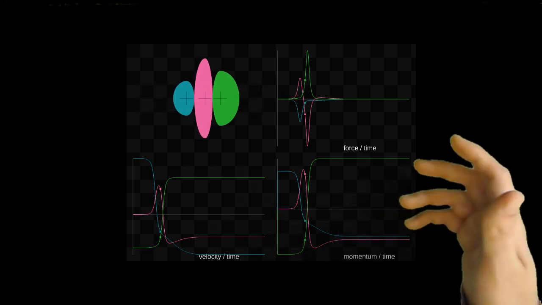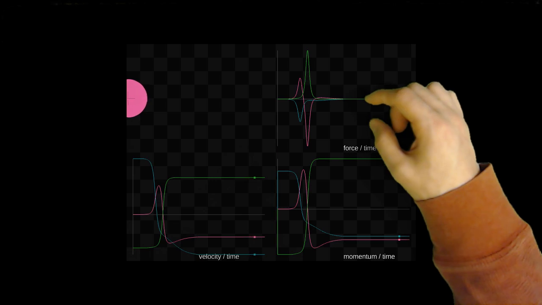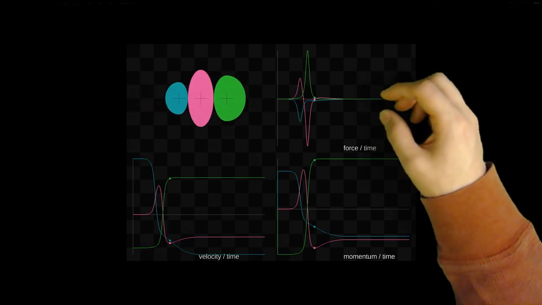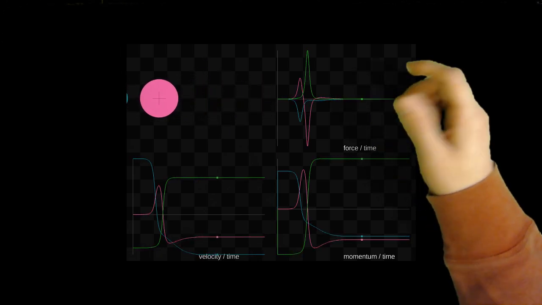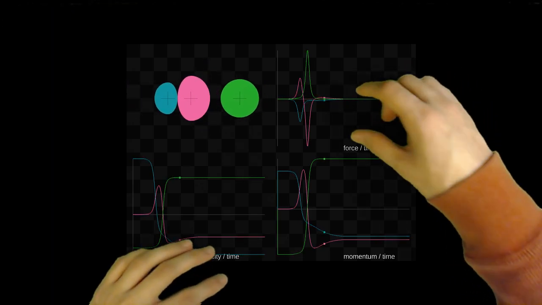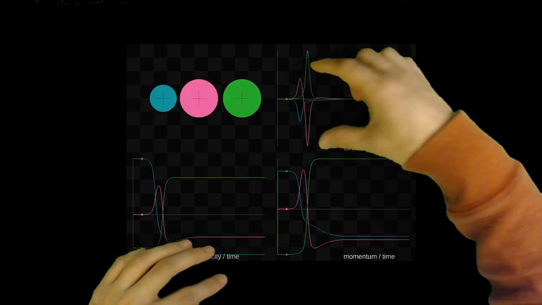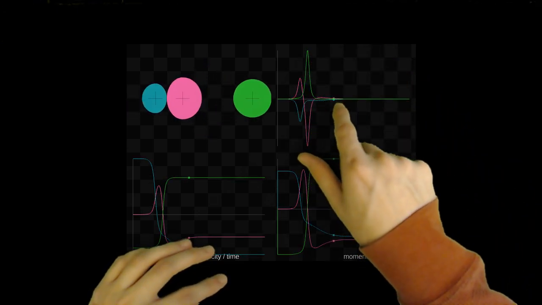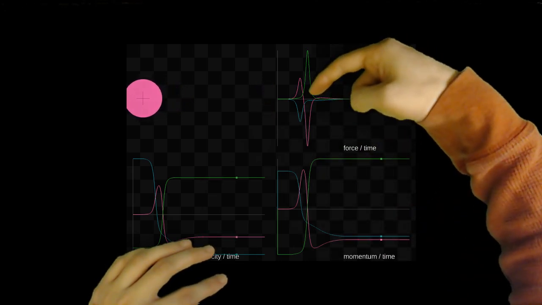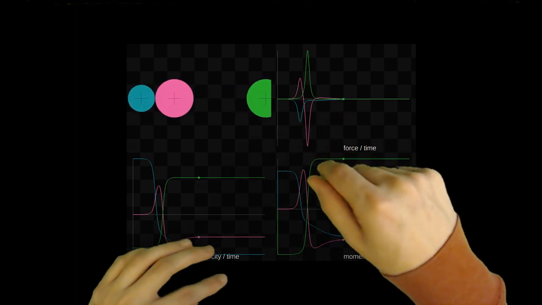So the graphs again. The force over time graph is all muddied. There's no clear delineation between the collisions. But if you look closely, it's still sort of balanced, right? You get these peaks and these peaks, and during this little bit right here, there's a little bit of stuff happening above the horizontal line and a little bit happening below.